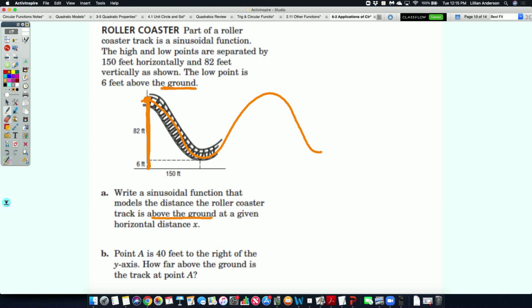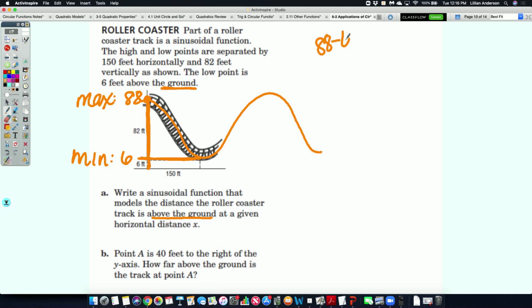So, yes, this point here is actually at 88 feet, okay? Now, the lowest point is where? At 6 feet. So, my max is 88. My min is 6. So, I can find my A and my D, right?